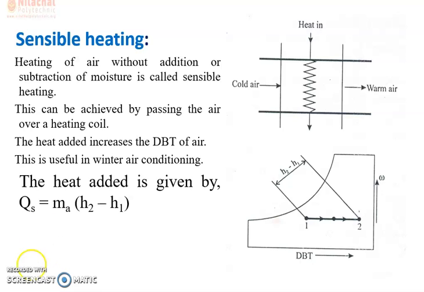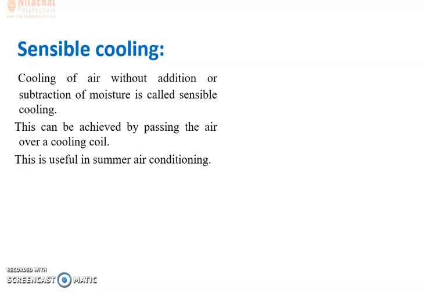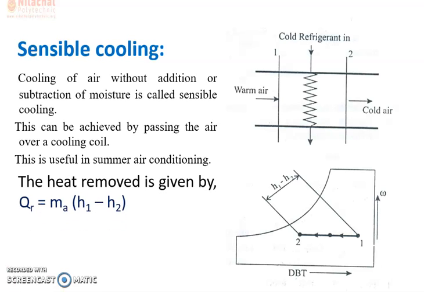Let's come to sensible cooling. First, to know what is sensible cooling: sensible cooling is the cooling of air without change in its specific humidity. Here, without changing the specific humidity, you are cooling the air. Same thing here: the temperature TD1, here the temperature TD2, and here the temperature TD3.